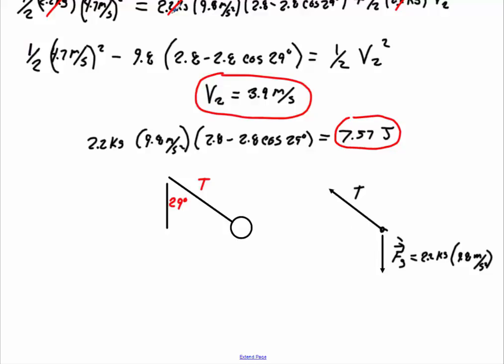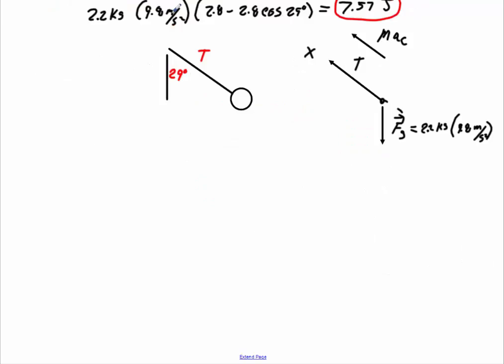Now the only other thing, since this thing has velocity, it's going around, I have acceleration back toward the center. And this is going to be mass times centripetal acceleration. What I'm going to do at this point is establish this as just the x-axis going this direction here. Now I'm going to sum the forces in the x direction, and I'm going to set it equal to mass times my centripetal acceleration, which is also going to be in the x direction.